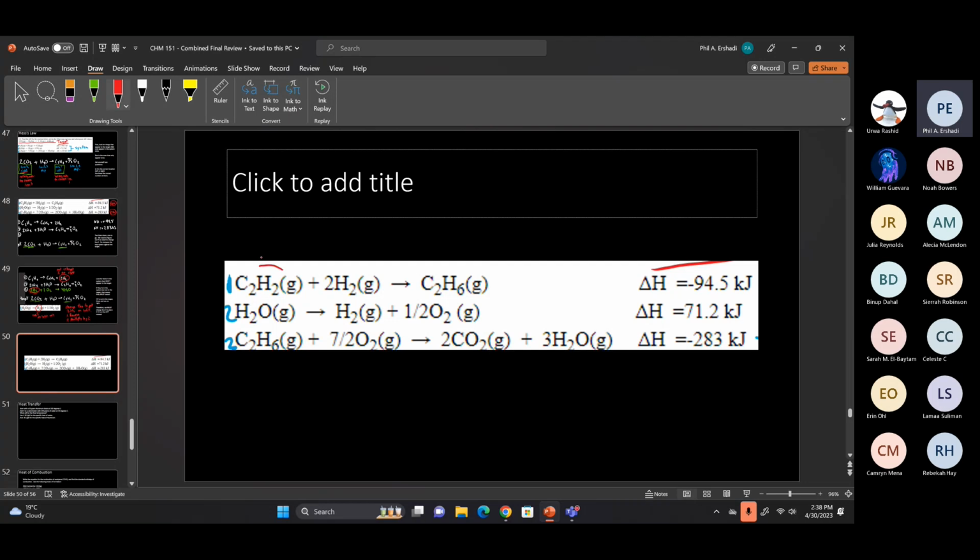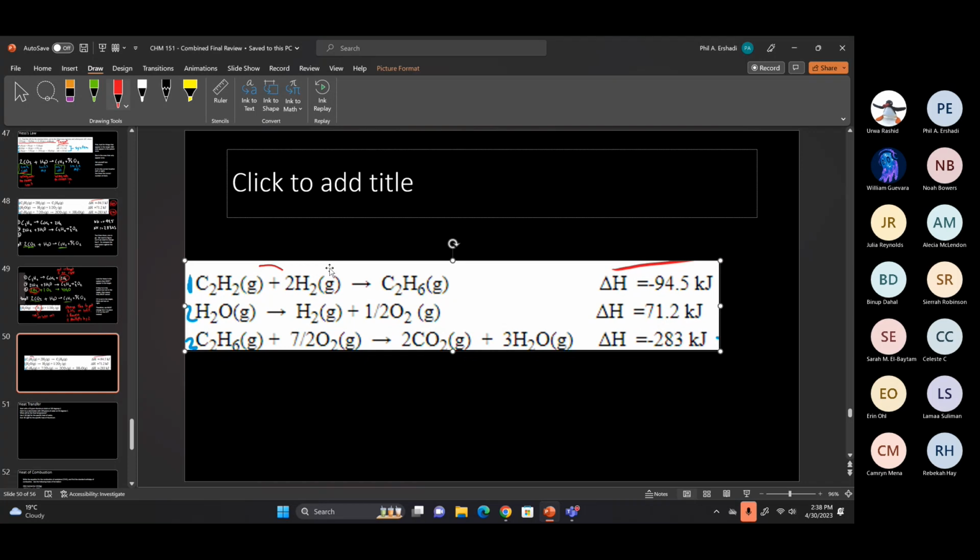For line 3, we reversed it. So line 1 was a reverse. Line 3 was a reverse. And then line 2 was a reverse and times 2.